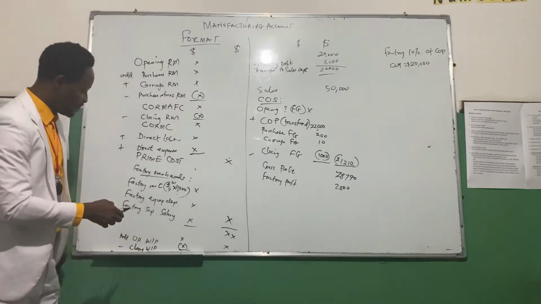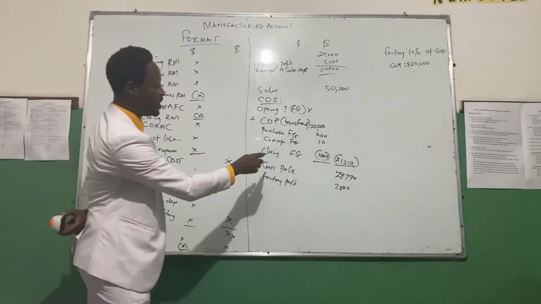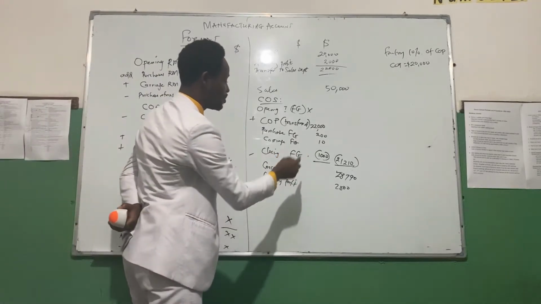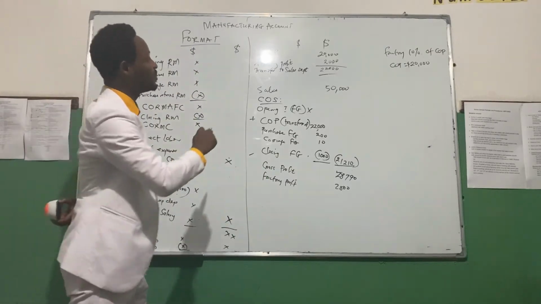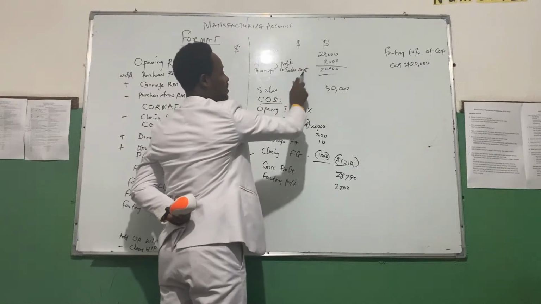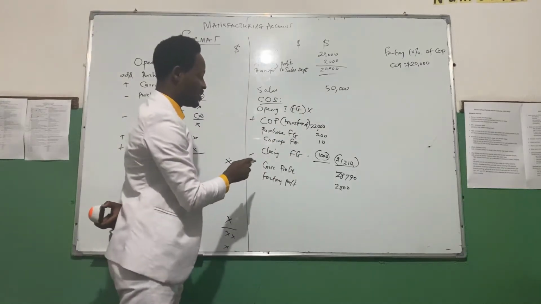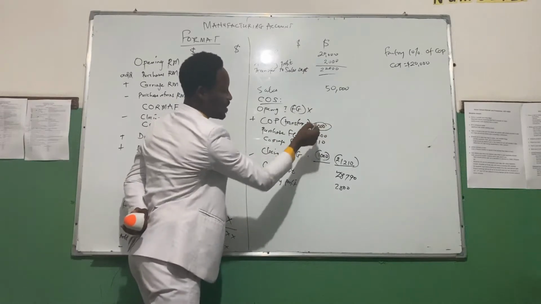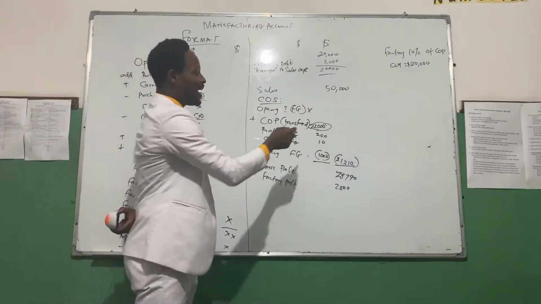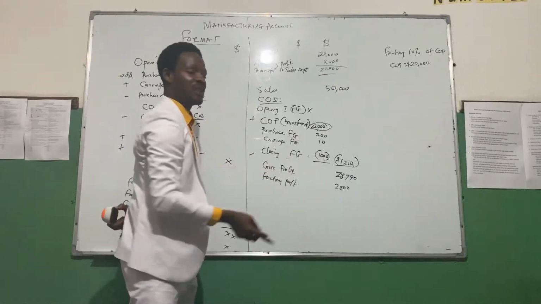Unrealized profit is going to be in closing finished goods. Why is that so? The factory department transferred something of 20,000 as 22,000 to the sales department, and the sales department accepted this, you remember. Now, part of this was not sold.